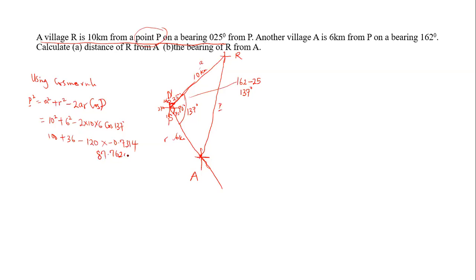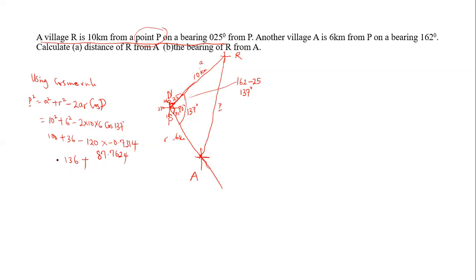87.7624. Then this is 136. So 136 minus that. No, minus times minus is plus, thank you. So we have 136 plus this.